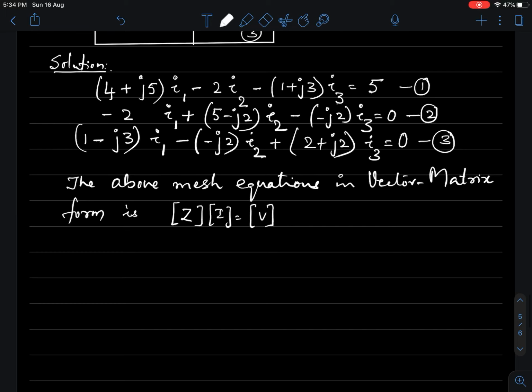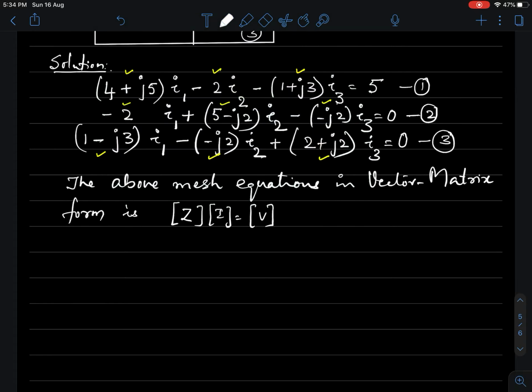We put the equations 1, 2, 3. What we do is pick the impedances with their signs, the coefficients of I1, I2, I3 from the three equations, and then make the impedance matrix.